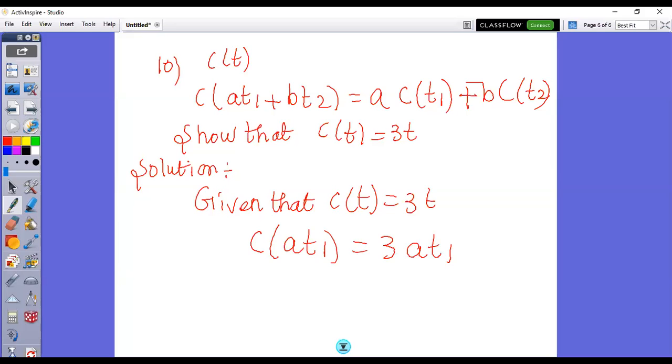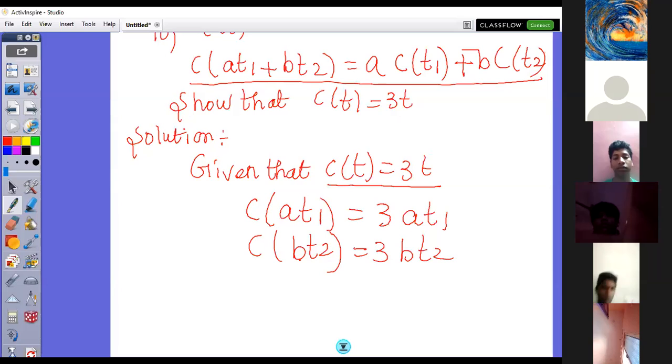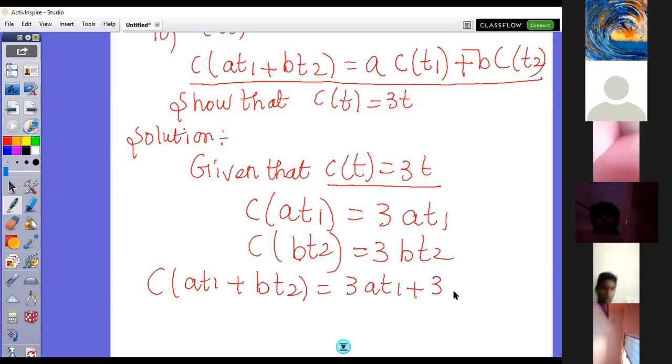Next, C of b t2 equal to 3 b t2. Then let us prove C of (a t1 plus b t2). Add 1 and 2: from 1 and 2, C of (a t1 plus b t2) equal to 3 a t1 plus 3 b t2.